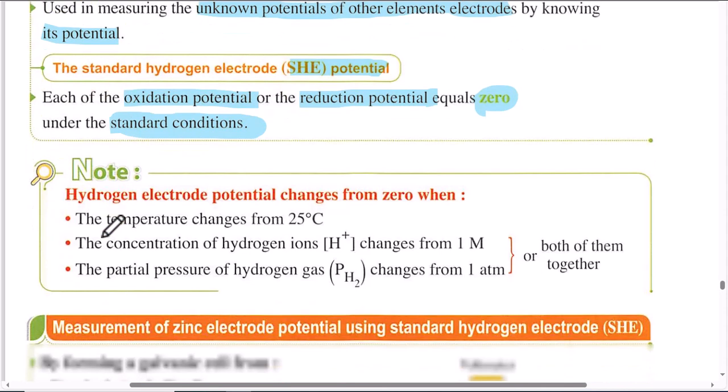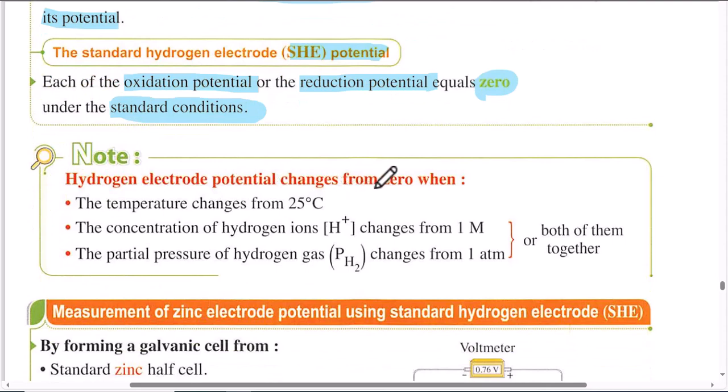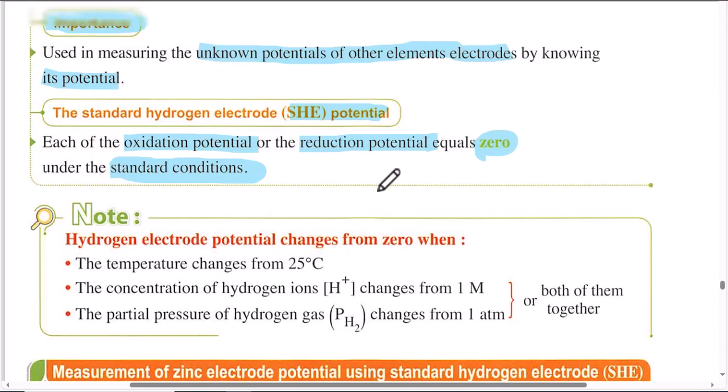So the hydrogen electrode potential changes from 0 when? This is a very important thing to be asked in the exam. First, when the temperature changes from 25 degrees Celsius. Second, when the concentration of hydrogen ion in the electrolytic solution changes from 1 molar.